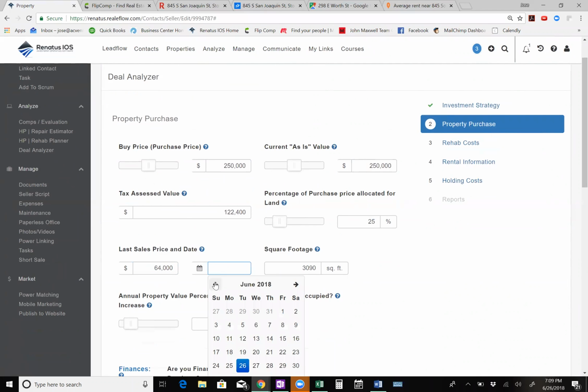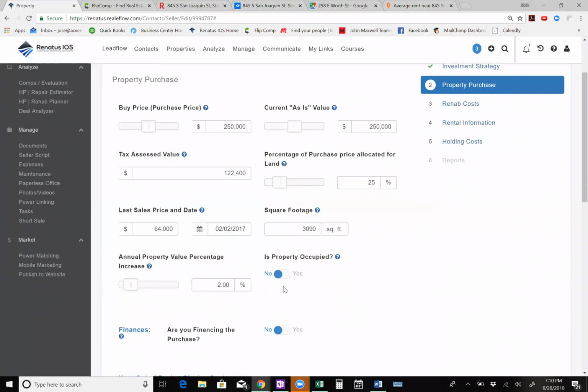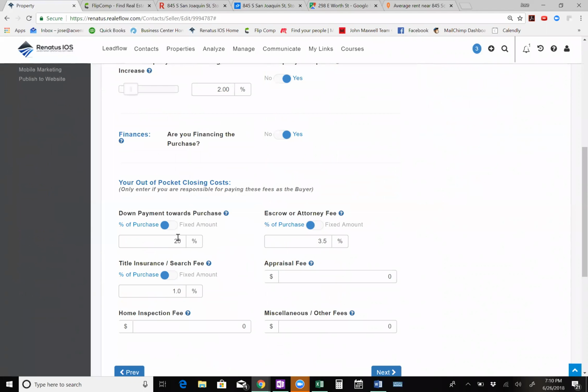And I think it was February 2017. Yeah, it was February. We're financing it. Down payment, I was just going to say we're going to do 10% through our hard money lender. Escrow is usually 2. Title insurance, boom. Okay, this will be 1. Home inspection, we'll get 400. Let's just say 500 for any miscellaneous fees.